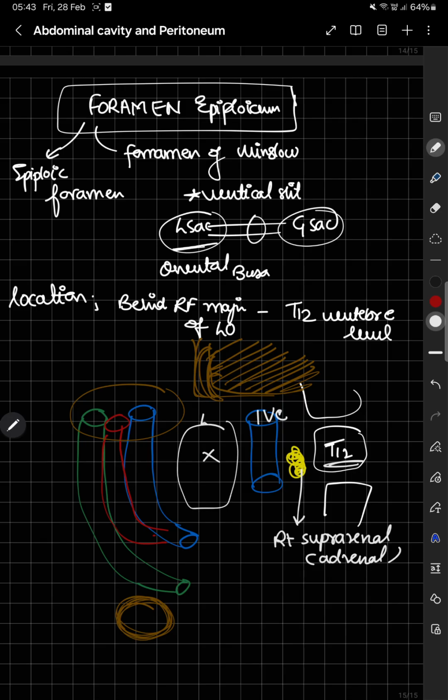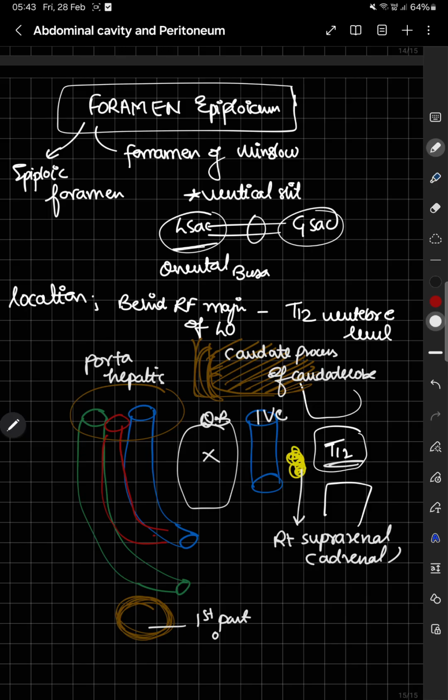This whole thing is our omental bursa. This is our porta hepatis. So this basically is the right free margin of the lesser omentum. This is the caudate process of the caudate lobe of liver. Okay, this is the first part of duodenum.